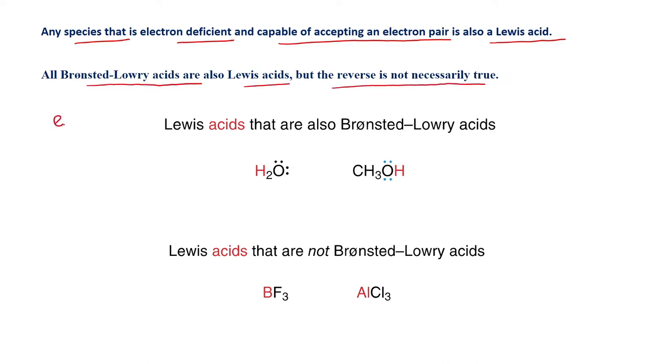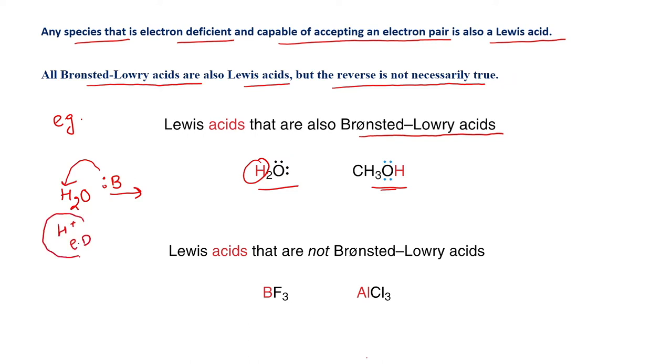Let's take an example. So this water and this methanol, they are Bronsted-Lowry acids because they can donate their proton. But how are they Lewis acids? So water, when it reacts with a base, the base will abstract a proton. A proton is an electron deficient species, and we know electron deficient species are Lewis acids.